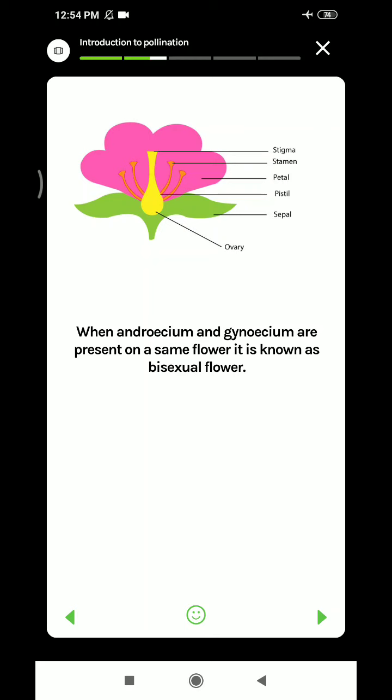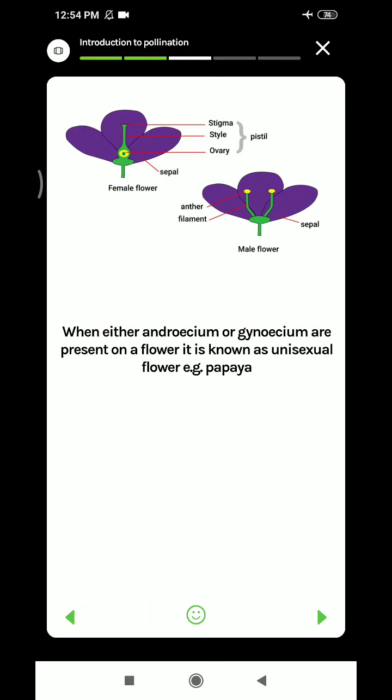Then what is a unisexual flower? Unisexual flower means in that flower only one of them will be present, that may be androecium or gynoecium. Papaya is an example of a unisexual flower. I think you have understood about bisexual and unisexual flowers.